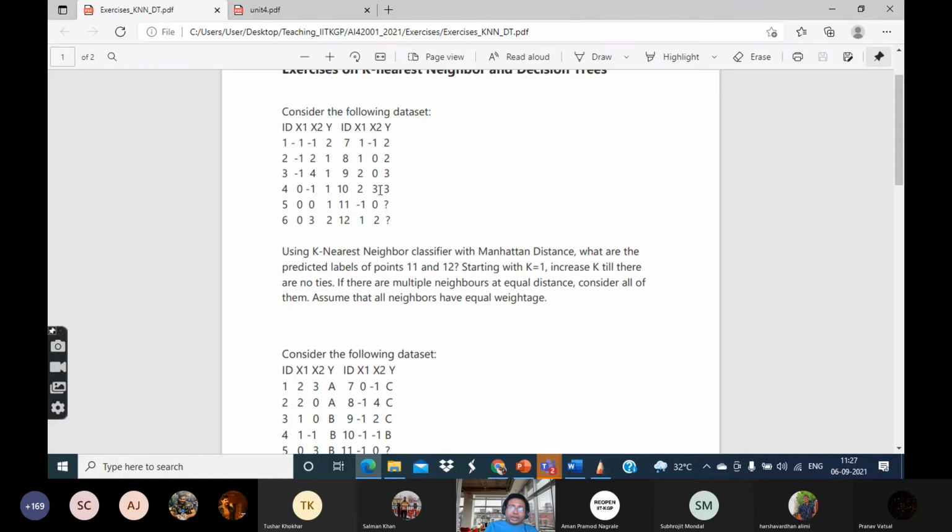Only after you have done the sorting will you find whether there are some points at equal distance, and that is one kind of tie. The other kind of tie will happen if both the classes are getting an equal number of votes. That is when I am talking about ties here.